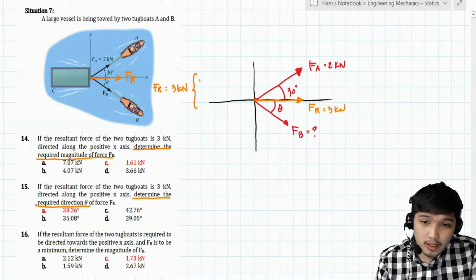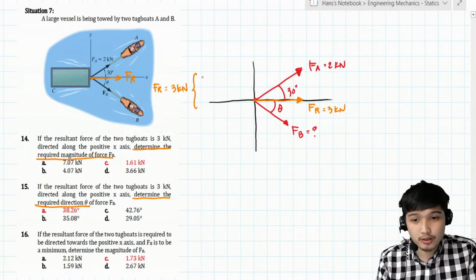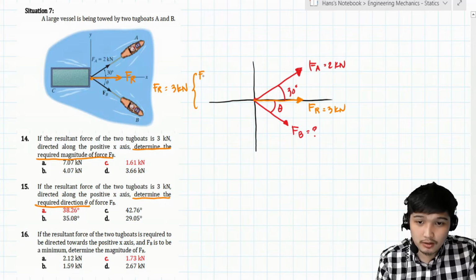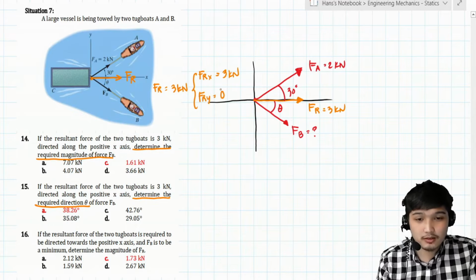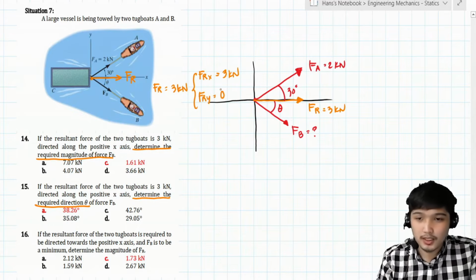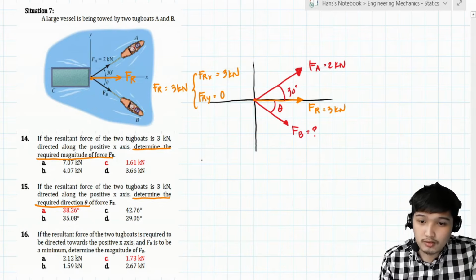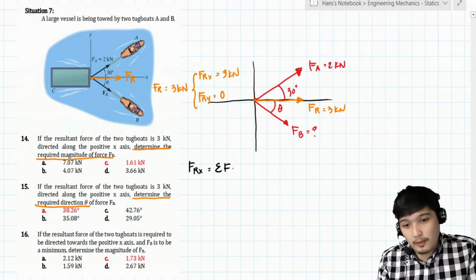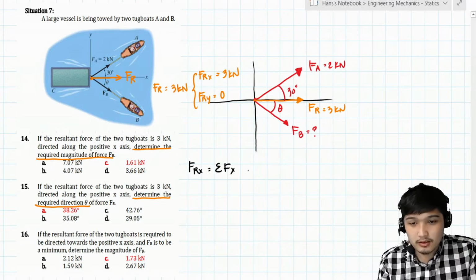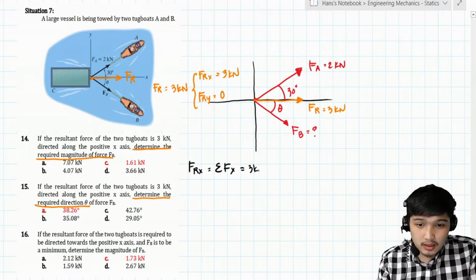So kailangan yung FR convert natin sa horizontal and vertical component. So ilan yung horizontal component? FRX nung FR. Eh di 3. Kasi nga completely horizontal siya, di ba? And then yung FRY eh di 0 kasi nga wala nga siyang vertical component. So with that, solve natin using conventional. So yung horizontal component is equal sa summation ng mga forces along X. So dapat ito magiging 3 kilonewton.